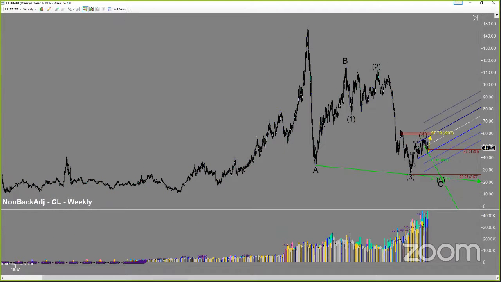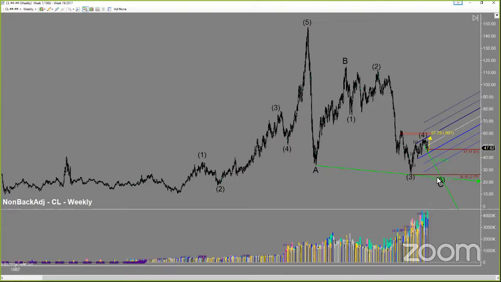Look at it. This is the big impulse move up, a runaway fifth wave like most commodities have, and then the big, massive, long correction back down, over 10 years.